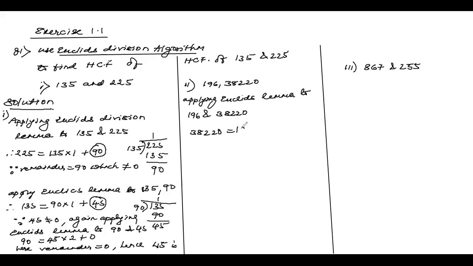38220 equal 196 into something plus remainder. So come on, what do you get? Let's try. I'll just take 38220 and 196. बेटा 0 को forget it and 6 को भूल जाओ. देखो कितनी बार 19.